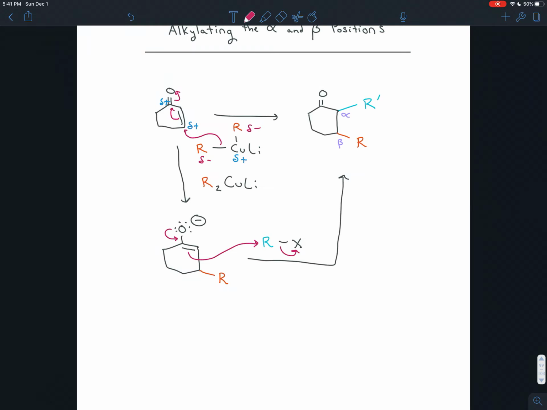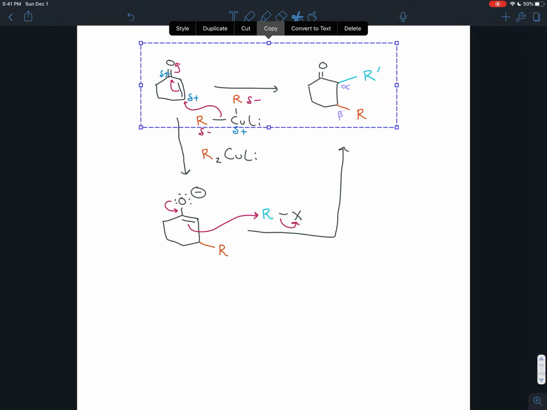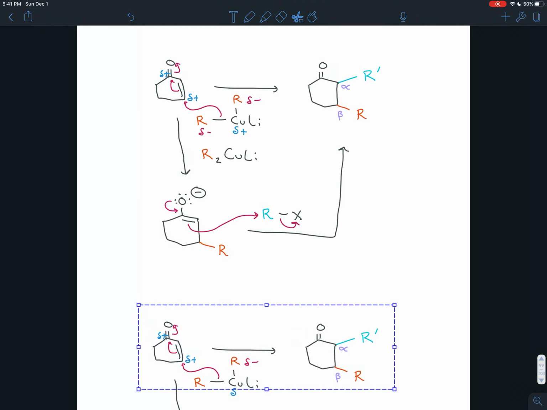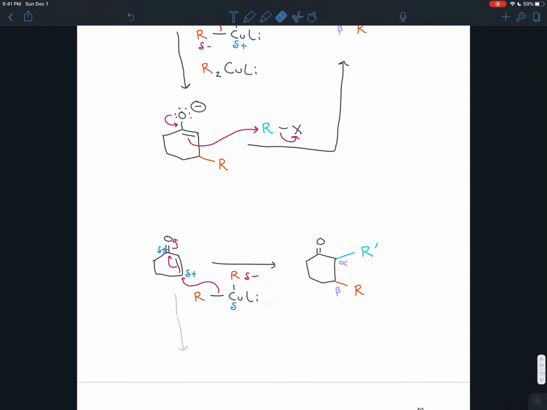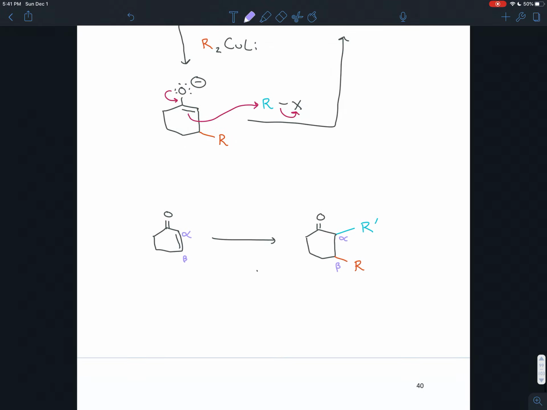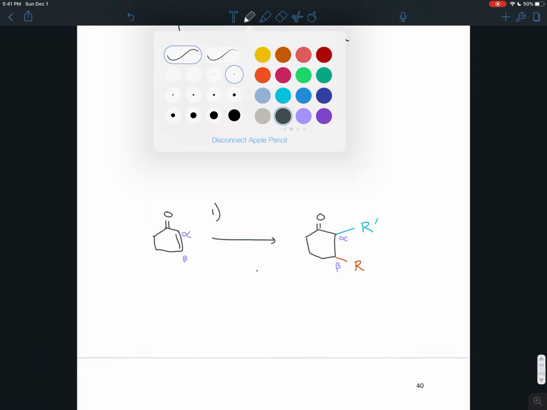So in general, you can turn an alpha-beta unsaturated compound into an alpha-beta dialkylated compound. So you can put an alkyl group on the alpha and the beta carbons, in general, in a two-step procedure. The first step is using a Gilman reagent.